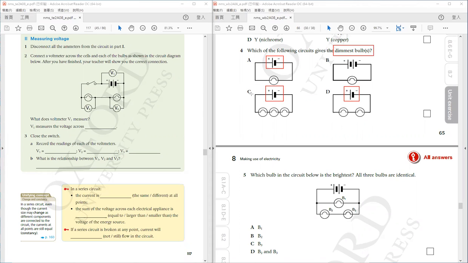So for example, we'll take a look at C. C has 3 light bulbs. Circuit C has 3 light bulbs. Therefore, its total resistance is the highest.